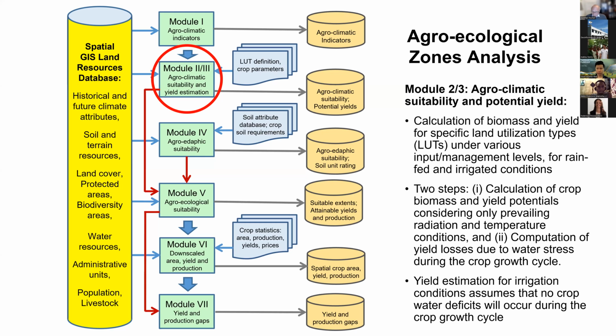Details of that will come. And a yield estimation for irrigation conditions assumes that no crop water deficits will occur, so that water is both available and given at the right time in the irrigation schedule, so that there is no moisture deficit experienced by the growing crop.